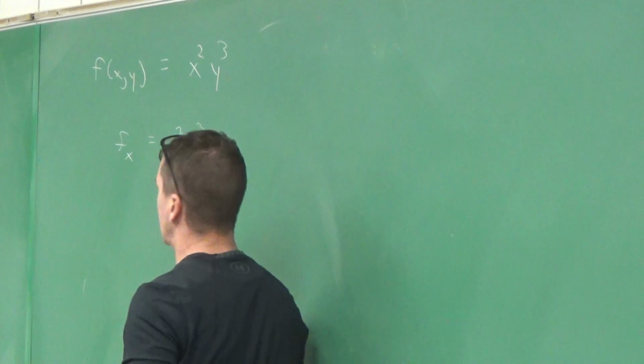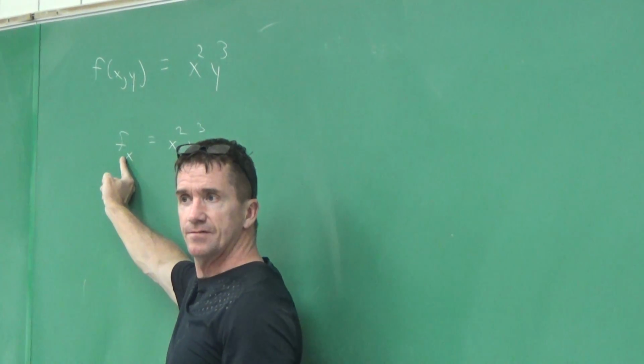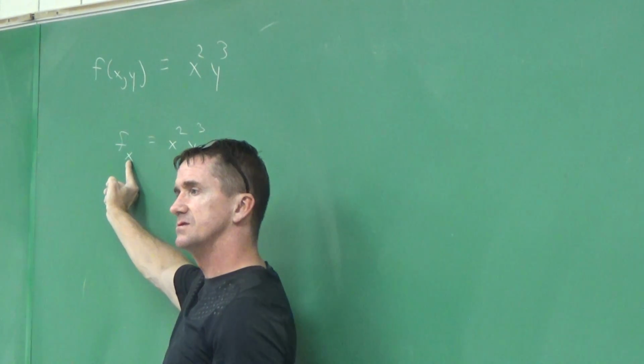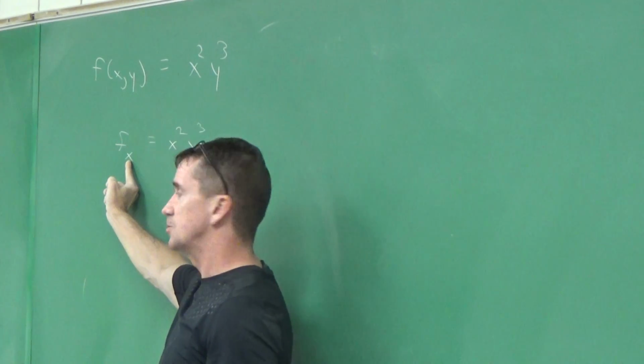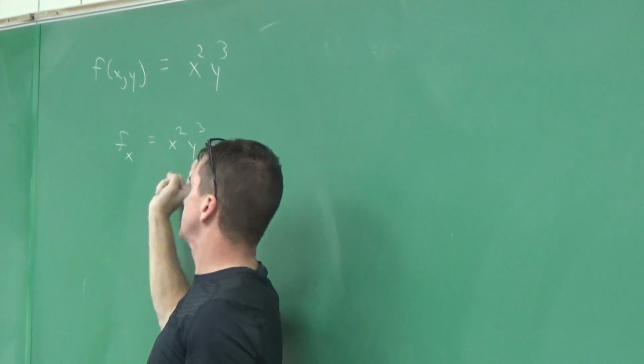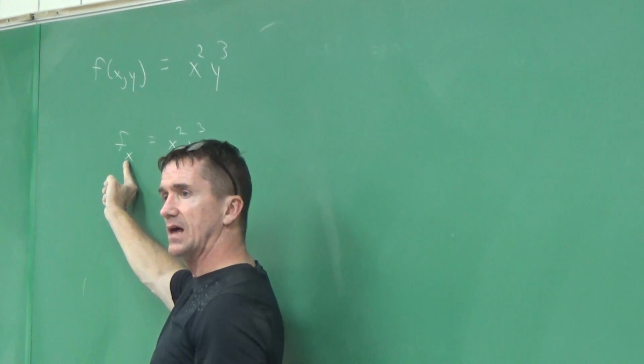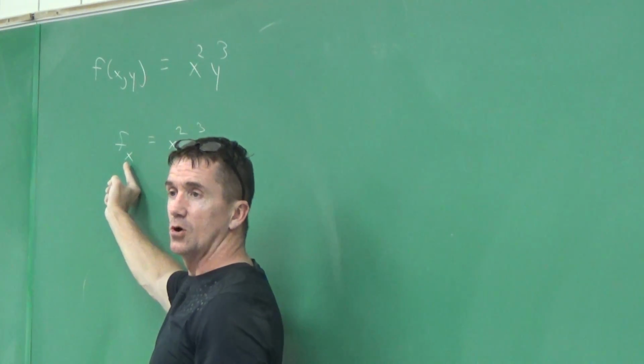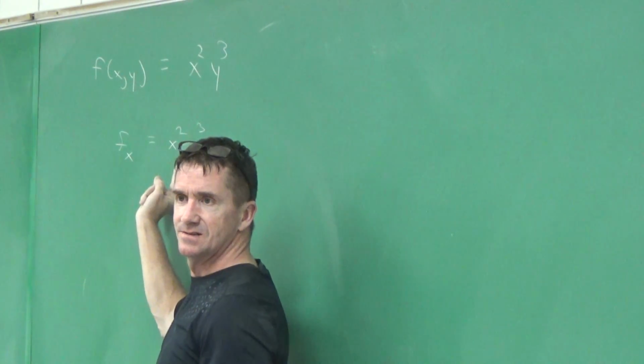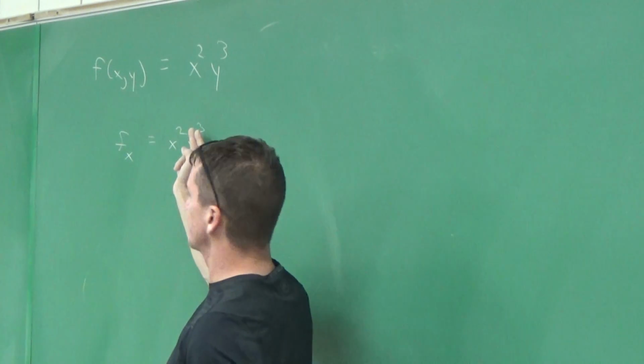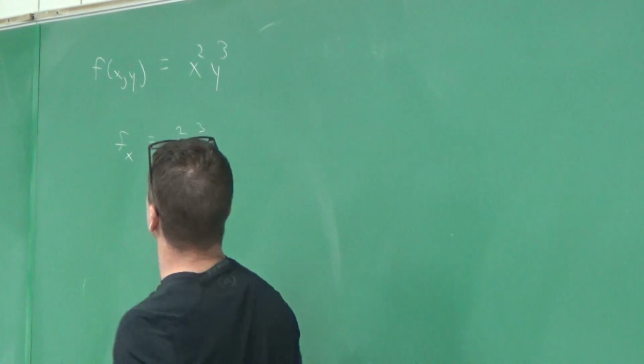This is going to be the partial of f with respect to the letter x. So what you do is, you differentiate everything here only with respect to that letter x. That means you're going to hold the y constant. What will you get for f of x?